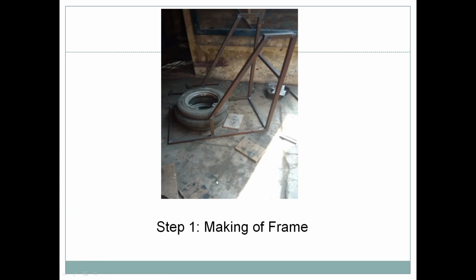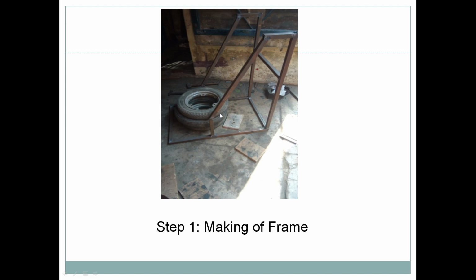Now guys, you can see here this is a picture clicked while making the frame when I was working in the lab. This was our frame, and this is the length and the width, and this is the height, and this is the inclined height.